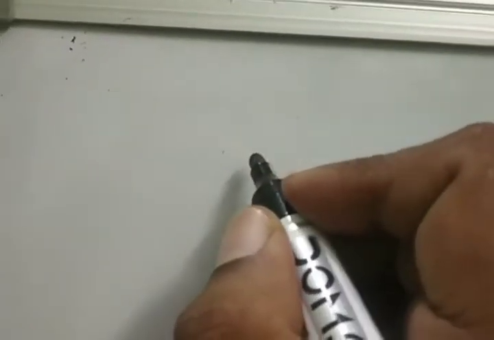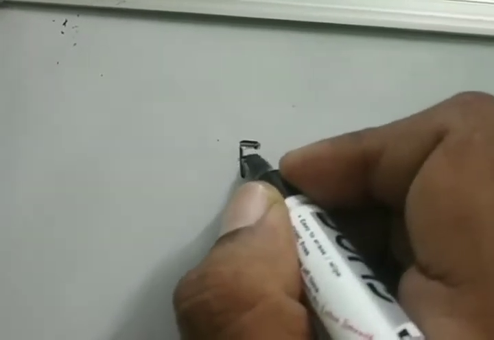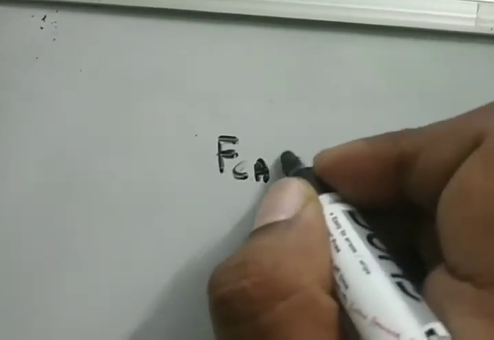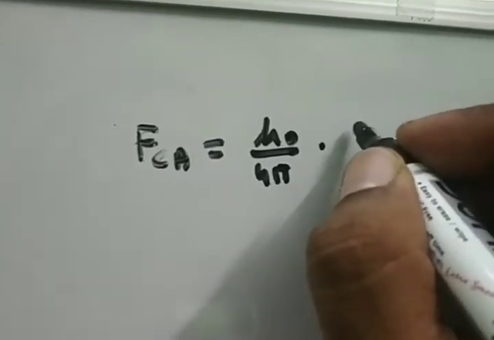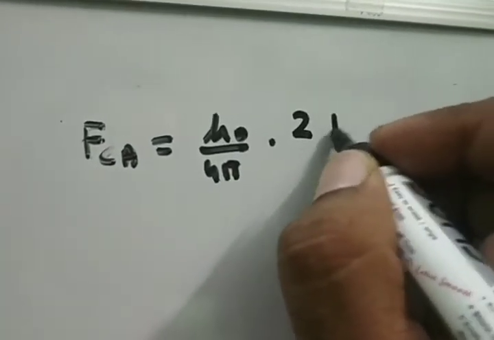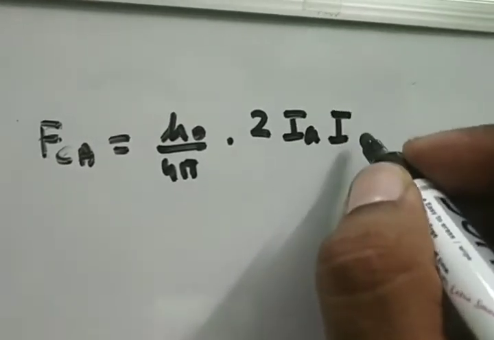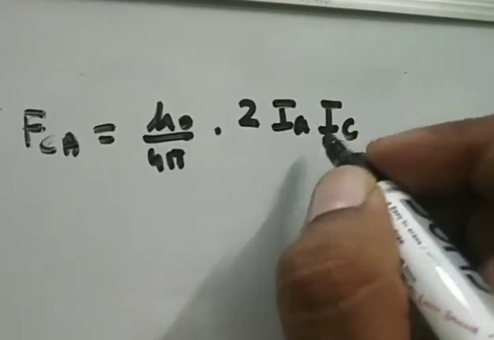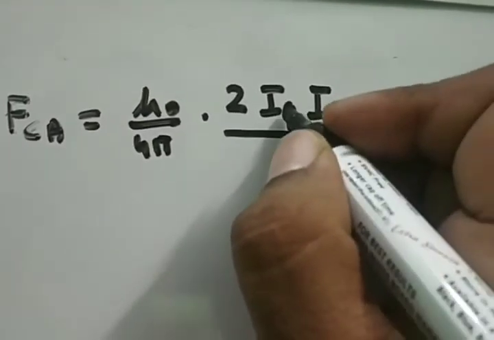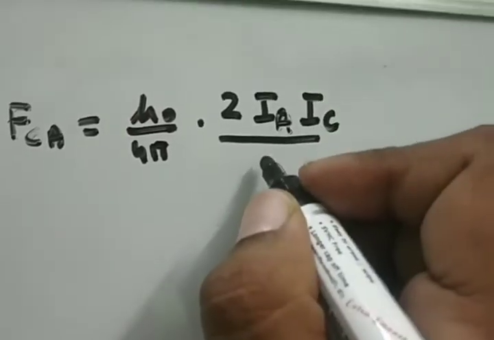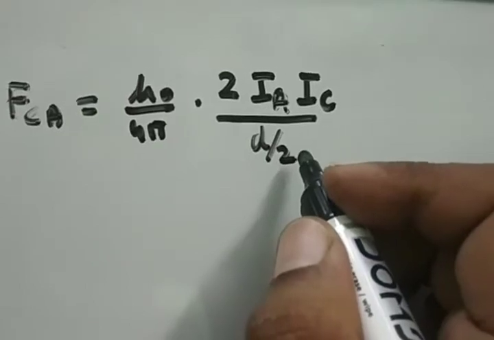We can write FCA = mu naught upon 4 pi, 2 IA IC upon, and the separation distance is d by 2.